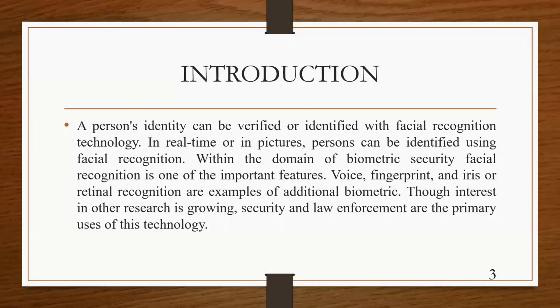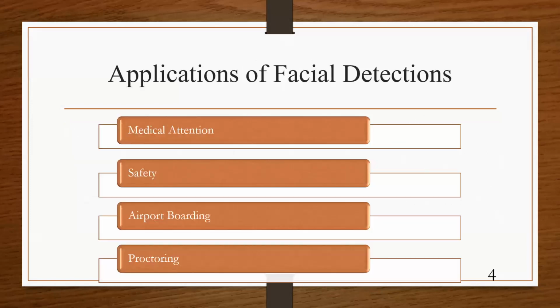Facial recognition can also be used in biometric security systems. Other forms of biometric security use thumbprint or fingerprint recognition, voice recognition, eye retina, or iris recognition. So facial recognition is also one of the main features in that. It is basically used for implementation of security and law enforcement.